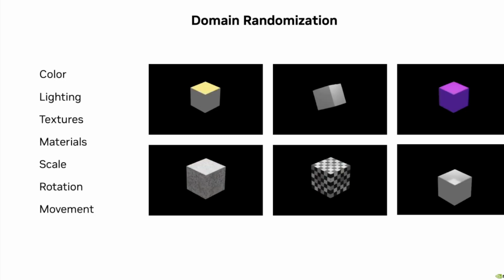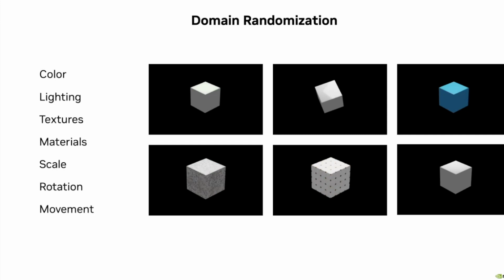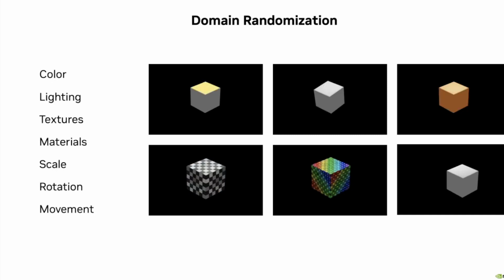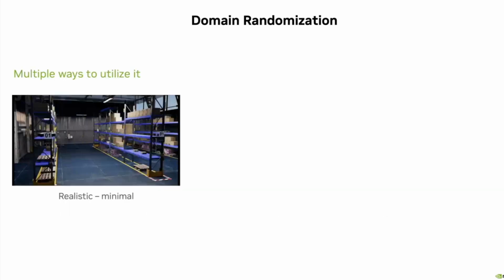You can also modify the scale of the object, rotate your object, and simulate different movement. Think of it as the creation of many possible variants of one scene you want to use to train your deep learning neural network.